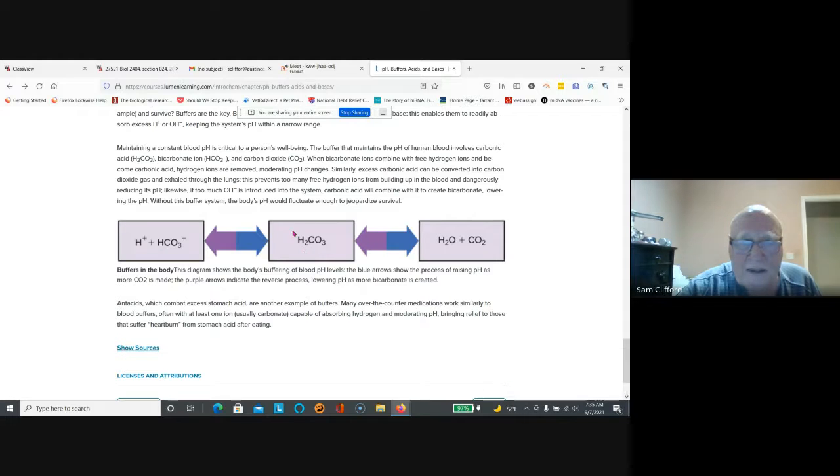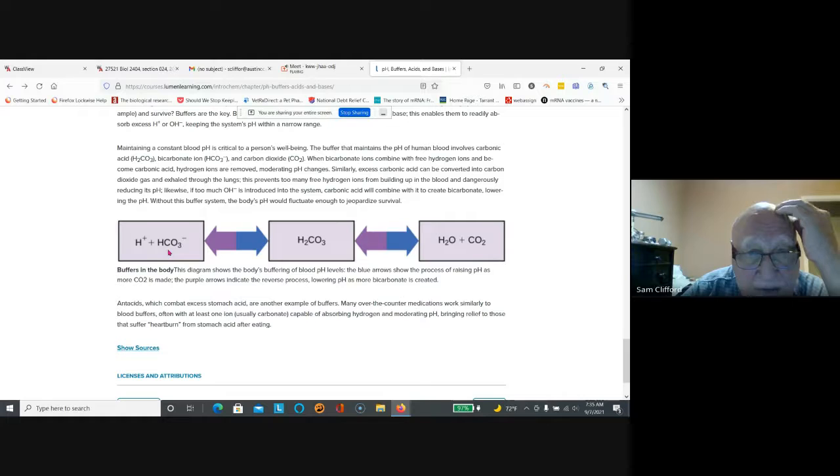That carbonic acid dissociates or separates into hydrogen ion. Remember, the amount of hydrogen ion is the amount of H plus, or hydrogen ion, plus bicarbonate. That's a weak base.